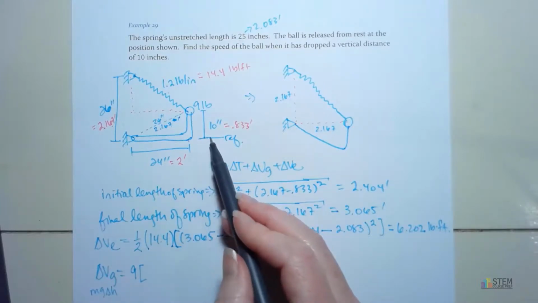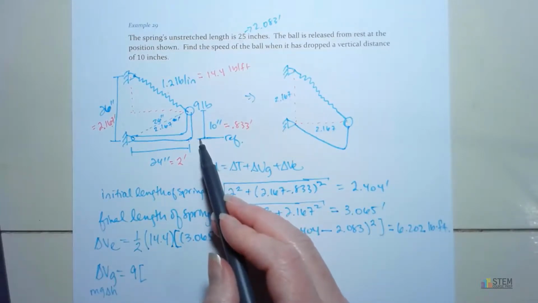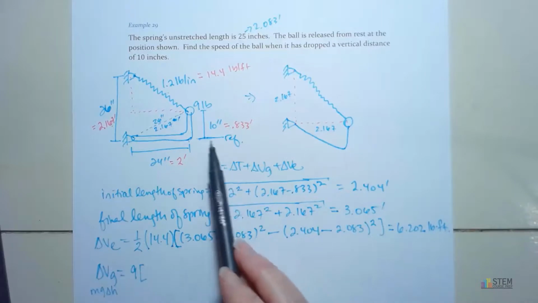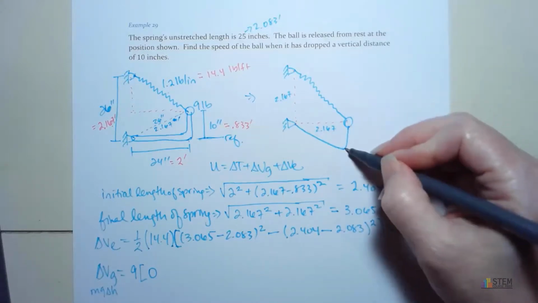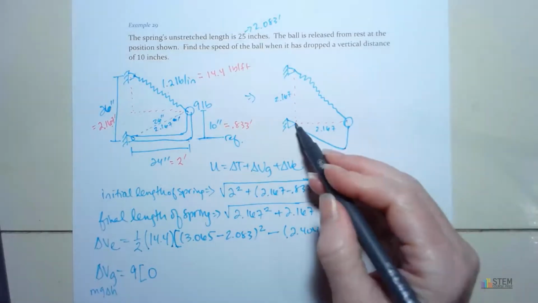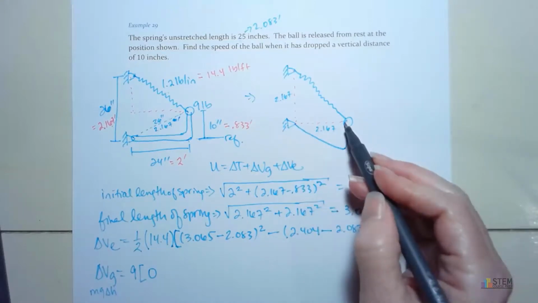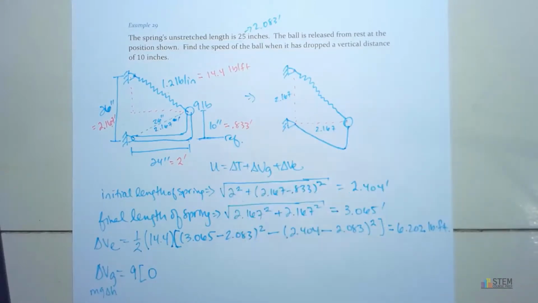So I got 9 pounds right here, and then I'm going to look at my final position. If my final position is right here, then what should I have here? 0, right? Because it lies on that reference line. Because remember, the ball is dropping down so that it lies right across from that pin. So that's where I had my reference line.